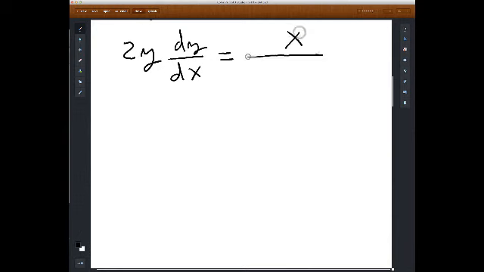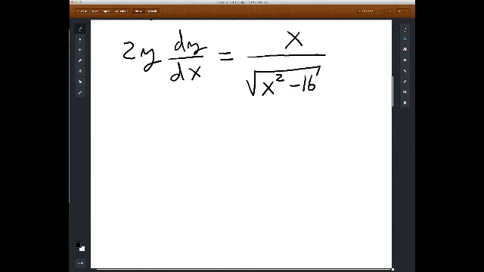Okay, so we're trying to solve the differential equation. Here we go. 2y dy/dx is equal to x over the square root of x squared minus 16.